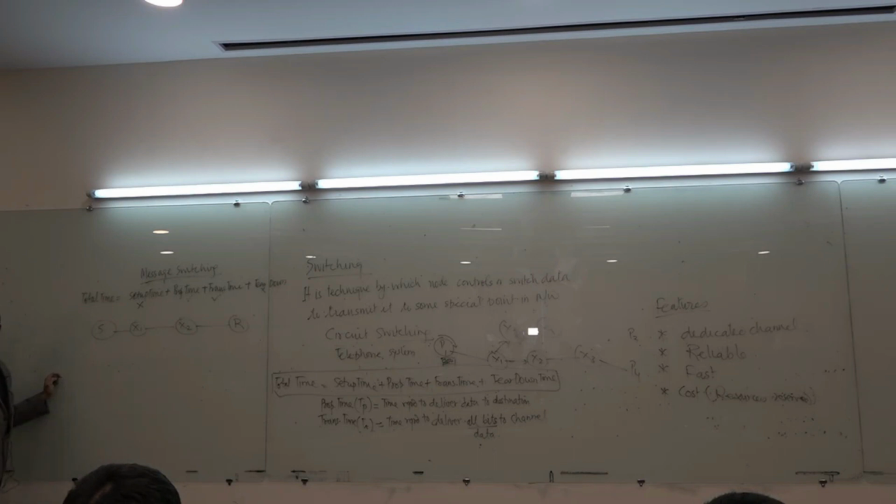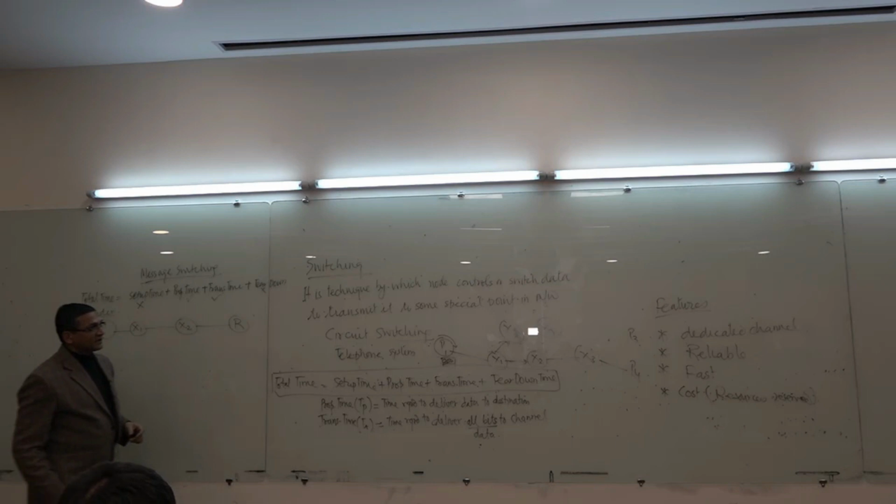Because the path is not established, in message switching we need one extra piece of information that is called the header. We take the header, which is always required to guide the router to give the best path.